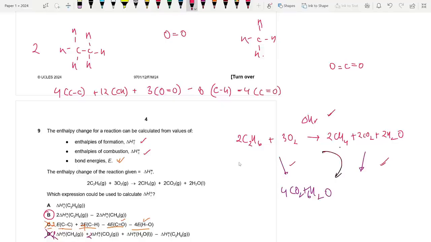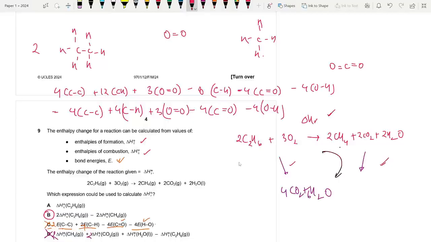And then finally for H2O, you have 2 OH bonds, but 2 times 2 is 4 OH bonds. So if you do the simplification, it's kind of like this: 4 CC, then 12 minus 8, which is 4 CH bonds. Then you have 3 oxygen double bonds over here, minus 4 CO double bonds, minus 4 OH bonds.